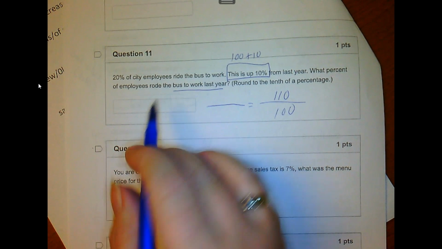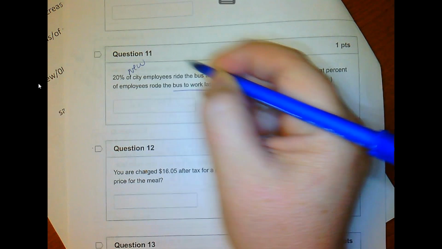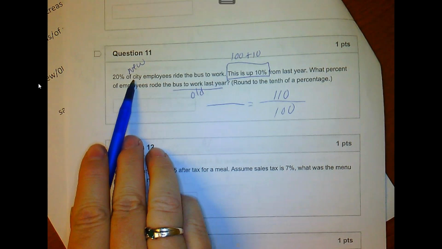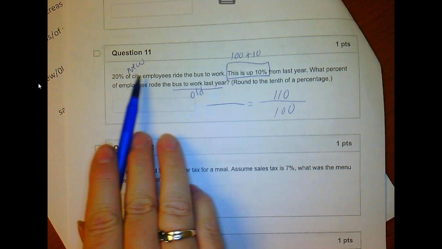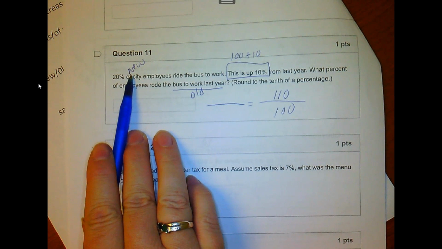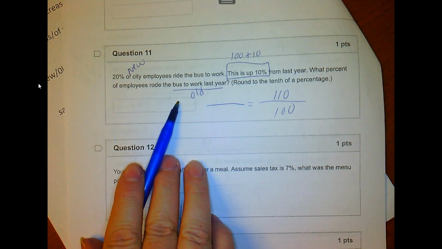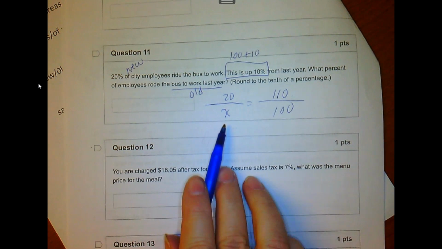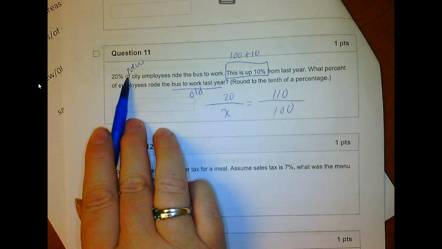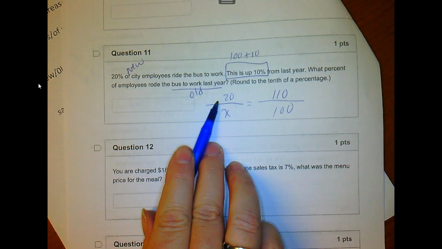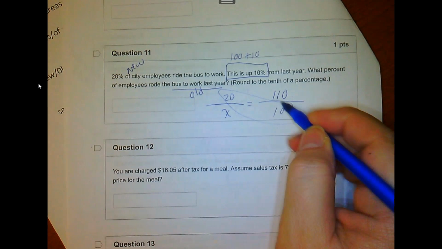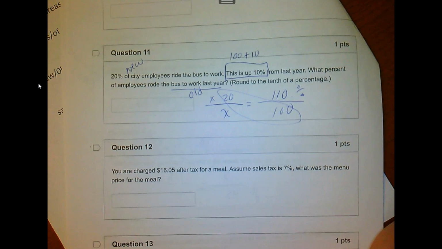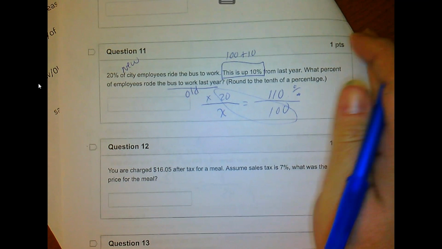They want to know what is it last year. So this is the new, this is the old, okay? Because this says up from last year, so this is the newer one. They want to know the older one. 110% of last year's is now 20%. Multiply, then divide. Okay, got that one, Kim? See the chronological?